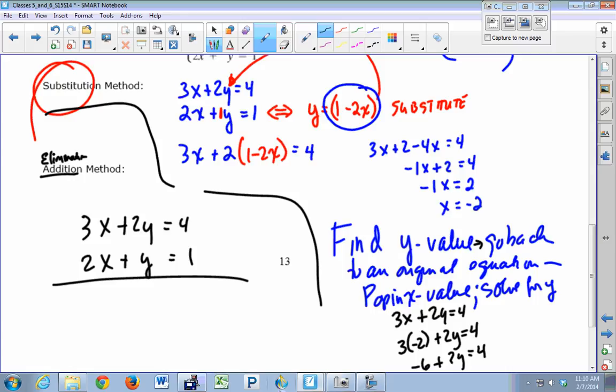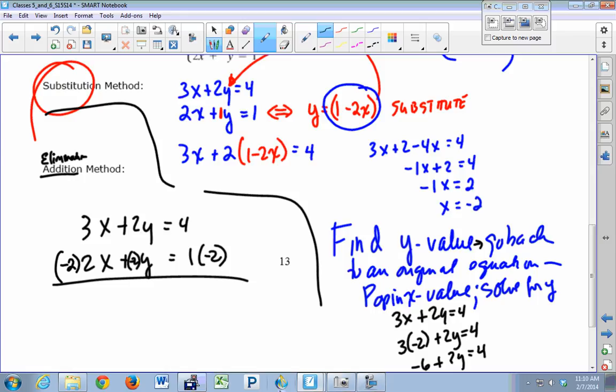If this top equation had 2 for a coefficient, what would be the coefficient of this second equation so that when I added these y's together, I got 0? Negative 2, right? And because you're dealing with equations, you have the right to multiply the second equation on both sides by any number you want. But why not pick the number negative 2 to multiply each and every piece of that equation? You haven't changed it, you're just rewriting it.